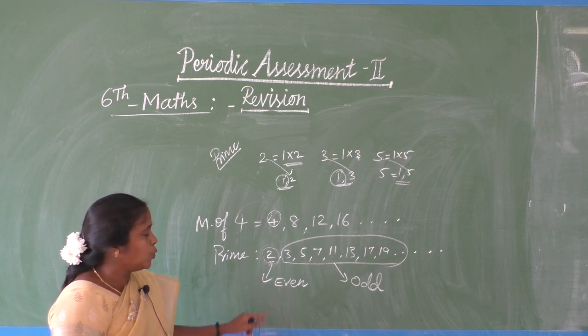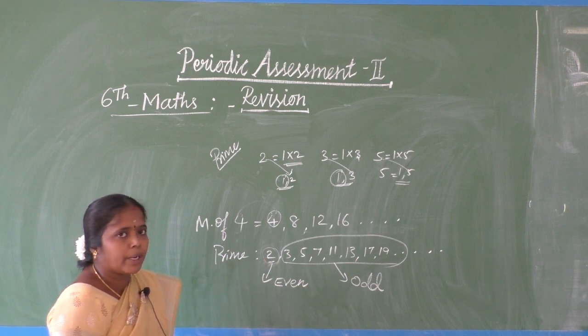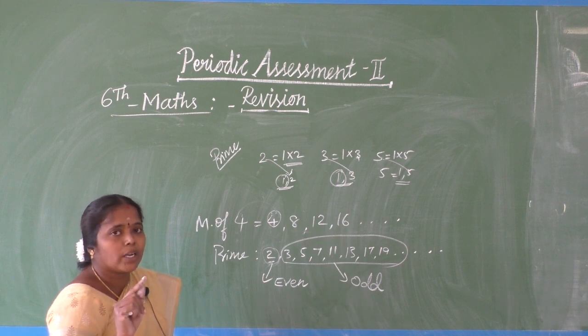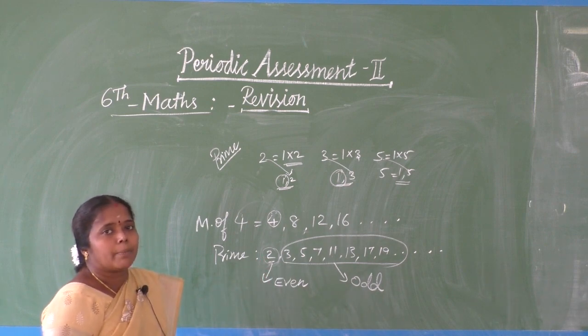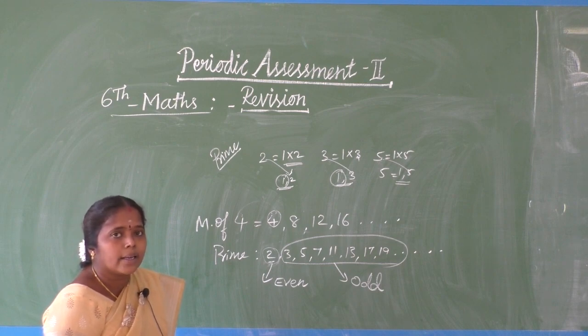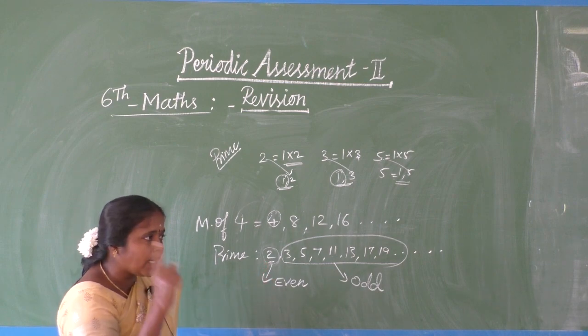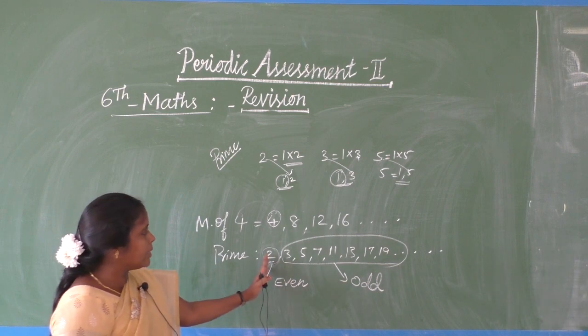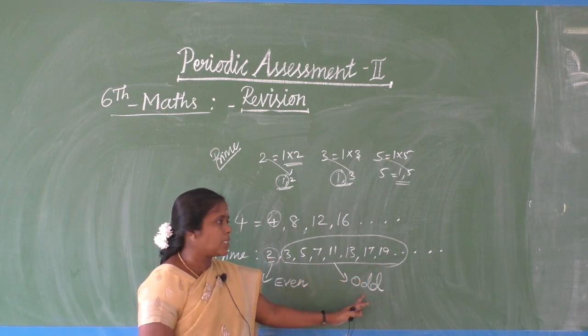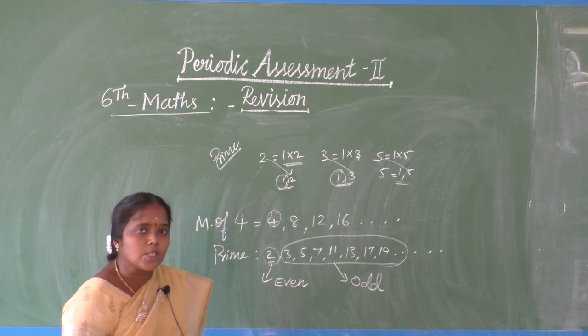What is that? 2. So regarding this comes a question: dash is the smallest even prime number. What is the answer there? 2. 2 is the only even prime number. Except that, all other primes are odd numbers only. Understood?